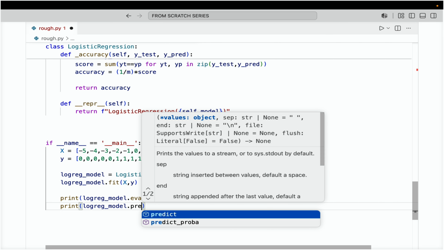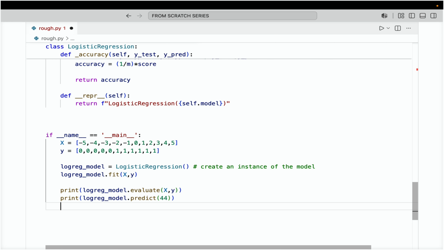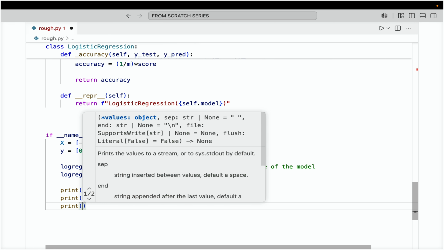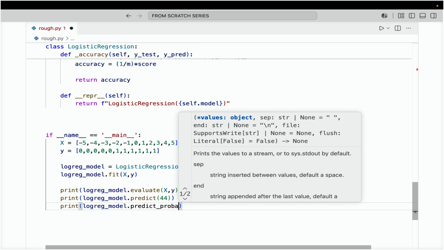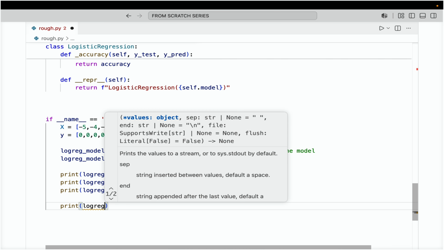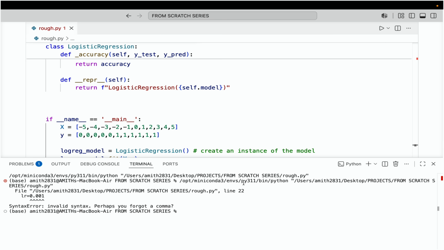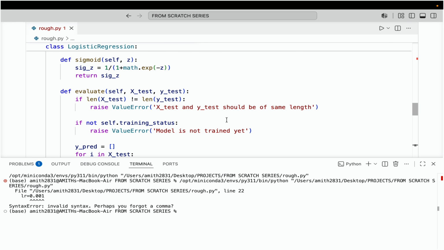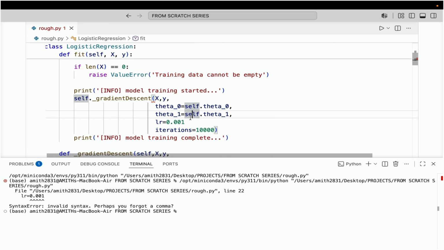Let's see if our code produces any errors or so, and I'm passing 44 for prediction, so that should be 1. Let me look at dot predict proba of 44, and let me look at log right. Yep. Did I forget a comma?